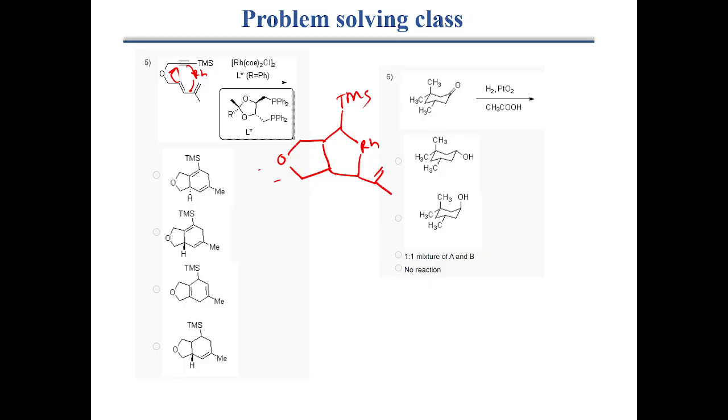Now 1,2-insertion happens. This is partially positive, this is negative. This will go and insert onto the rhodium. So a 5 to 7 ring expansion happens.